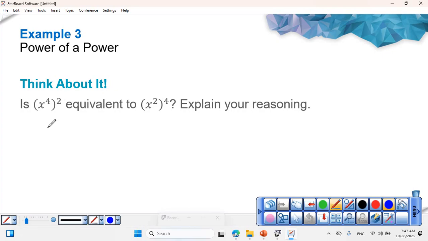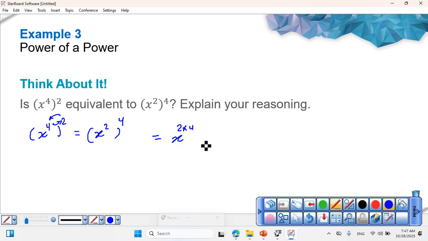Here, x to the power 4, to the power 2 equals x to the power 2, to the power 4. We can swap between 2 and 4 because multiplication allows us to do that. Okay, the answer is x to the power 2 times 4.